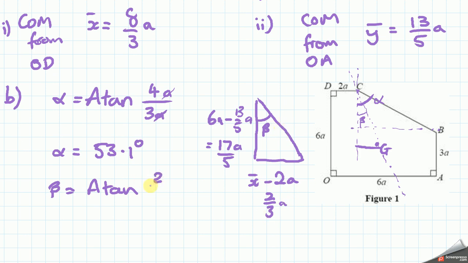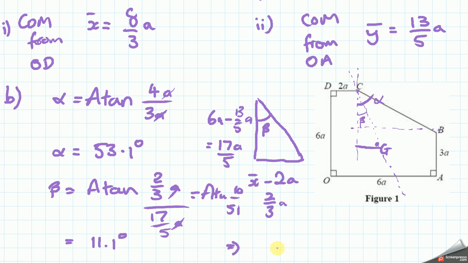So we've got 2/3 of A over 17/5 of A. The A's cancel. And that simplifies to 10/51. So the angle beta is 11.1 degrees.